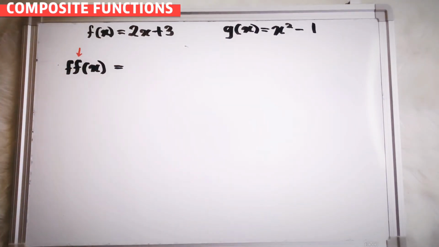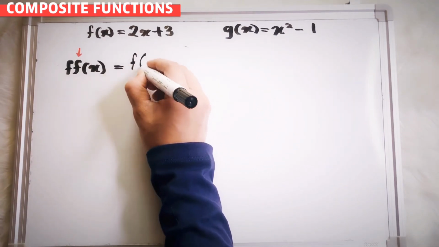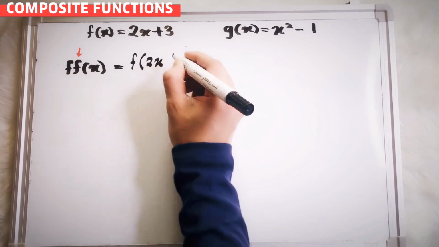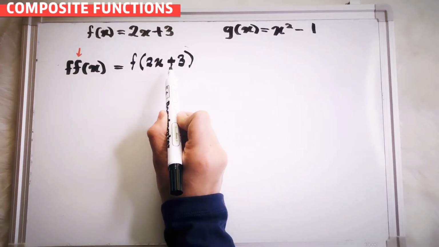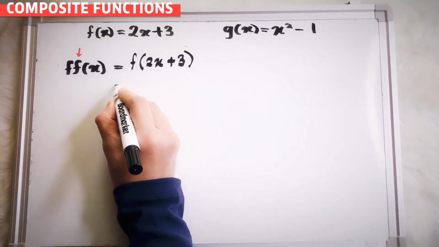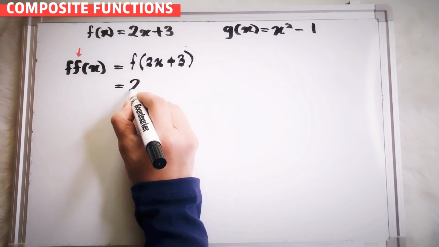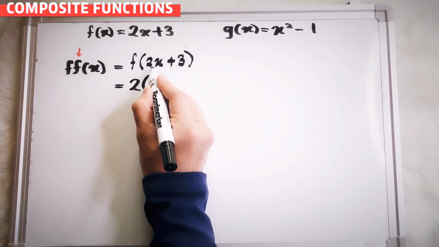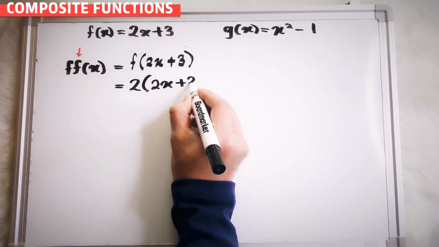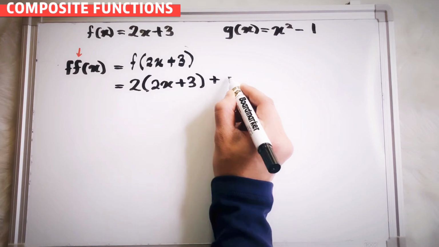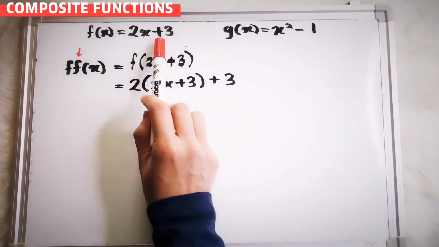Your f function is 2x plus 3, so this is our new x. Now we put 2x plus 3 again, but what is our x now? This one. So 2 times (2x plus 3), plus 3.